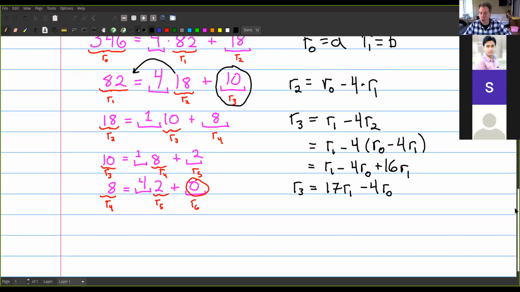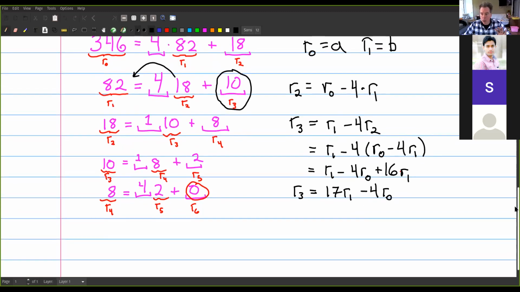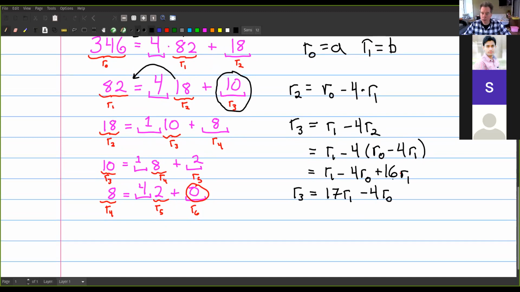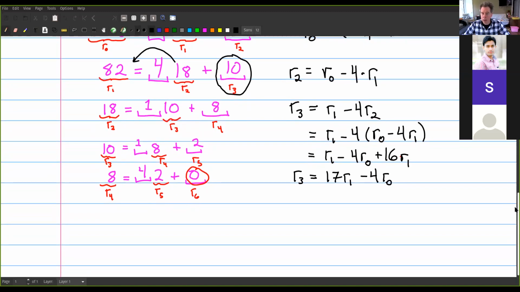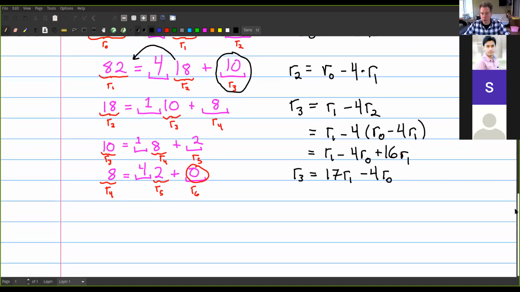So the plan is just to keep doing this until I get down to R5. R5 is the GCD, and then I will have solved the extended Euclidean algorithm problem, right? You agree? Because the game is to express it in terms of R1 and R0. So if you can do that, then you win. We're going to succeed. We just have to be a little bit patient and keep going level by level.